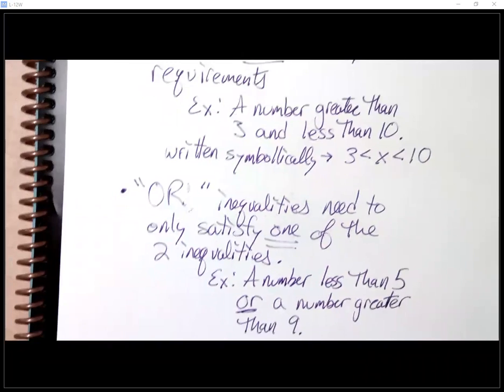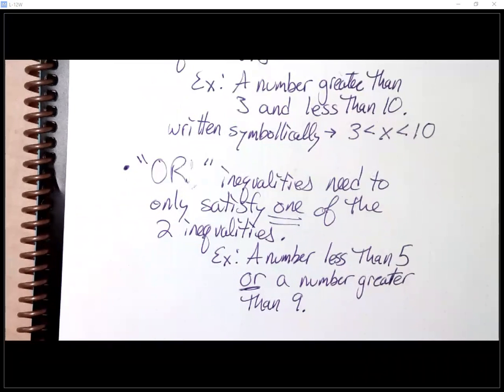So take a look at this example. I'm asking for a number less than 5. Or a number greater than 9. There is no number that fits both of these things at the same time. So it'd be impossible to give me a number that works for both, right? There's no number that's less than 5 and greater than 9. But in an or inequality, they don't both have to be true.